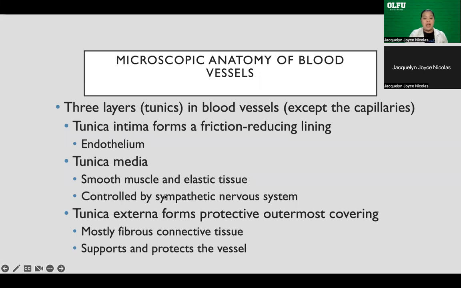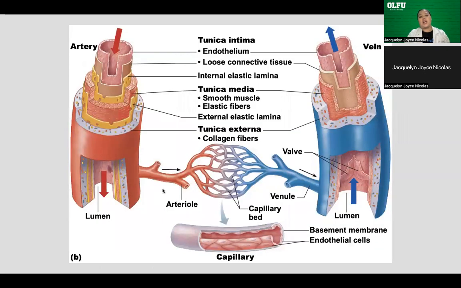You have your tunica intima. We also have tunica media, and we also have tunica externa. These are the three layers of our veins and arteries. Now, as I have mentioned, veins and arteries are quite similar, but definitely there are also some differences.